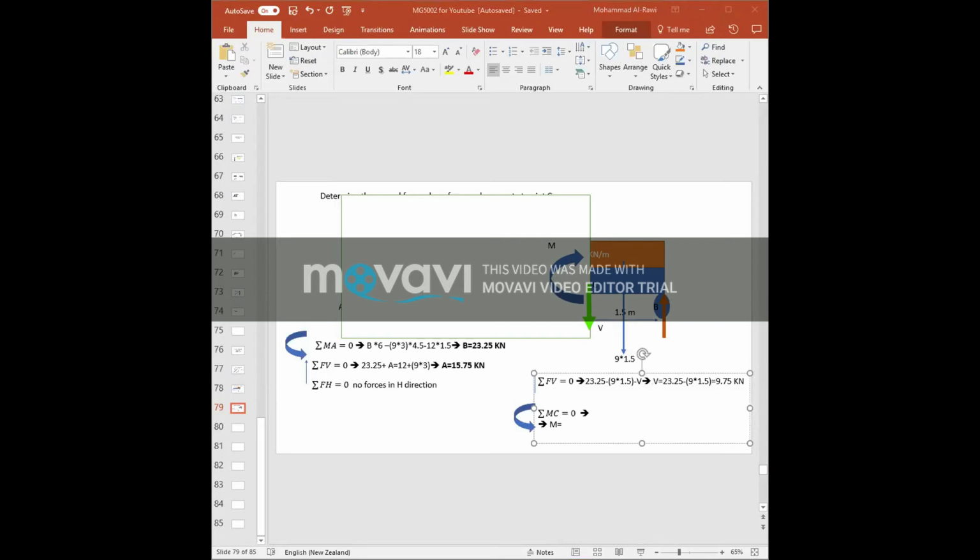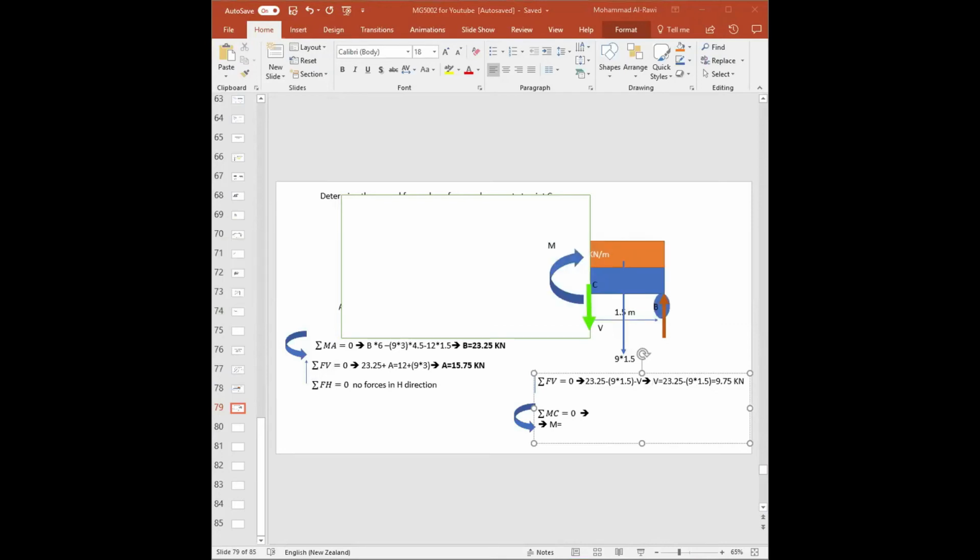Do you find the moment values, guys? So maybe we need to write it. Shear force.